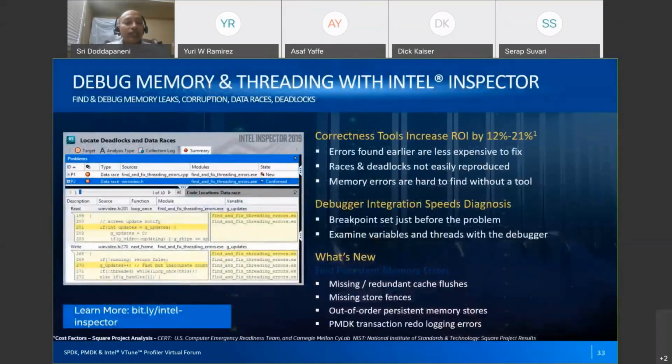And then the last one, very briefly, is the correctness results. As you're doing a lot of these code changes, we also have a tool for checking for memory-related errors and threading-related errors, and we also extended that for persistent memory-related errors, and in the future we'll be extending it for accelerated or offload correctness.